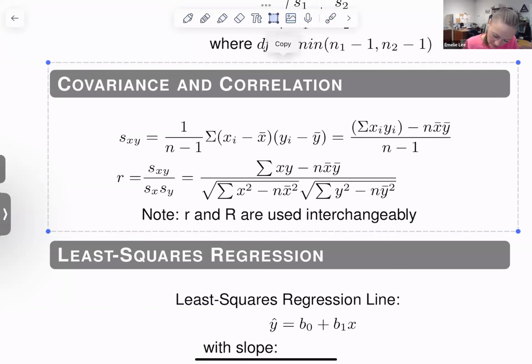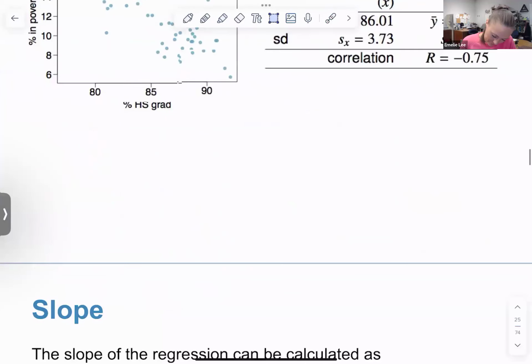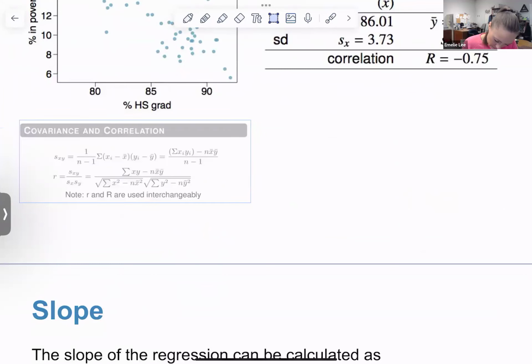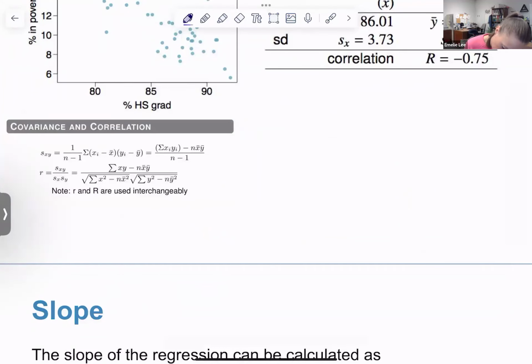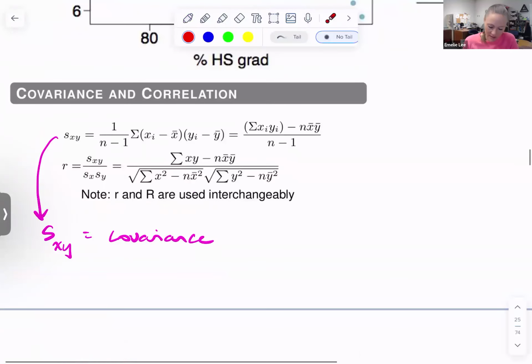Here, the correlation. Let's talk about this one first. SXY is the covariance. I only mention that because it might be part of the information that you're given on an assignment. And so you won't have to calculate it, right? Because it's the sum of the xi's minus x bar times yi minus y bar, and then divided by n minus 1.